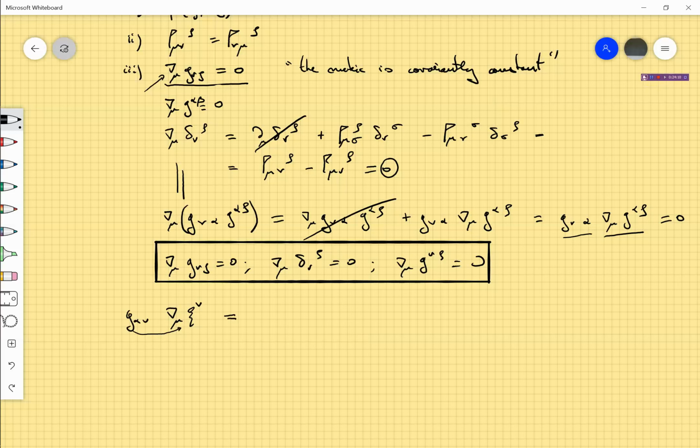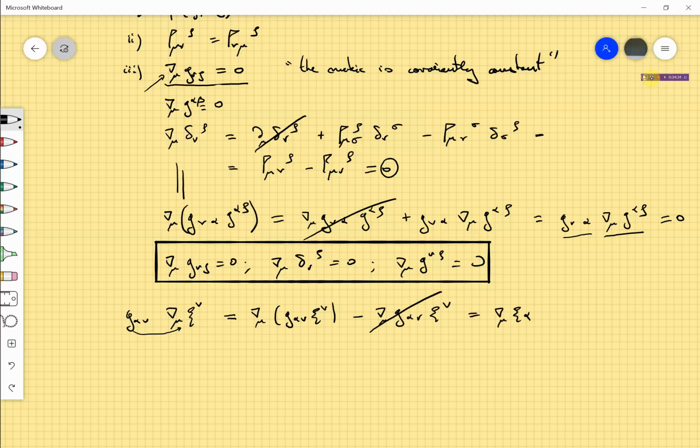However, here, this is just nabla mu of G alpha nu psi nu, we have lowered the index, and this is 0 because the metric is covariantly constant.